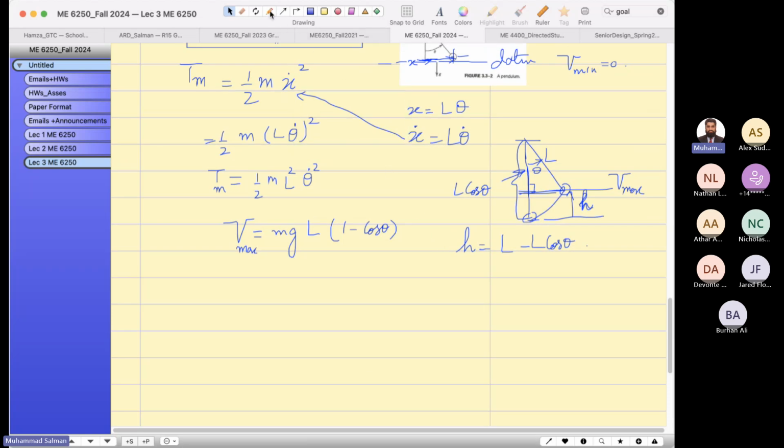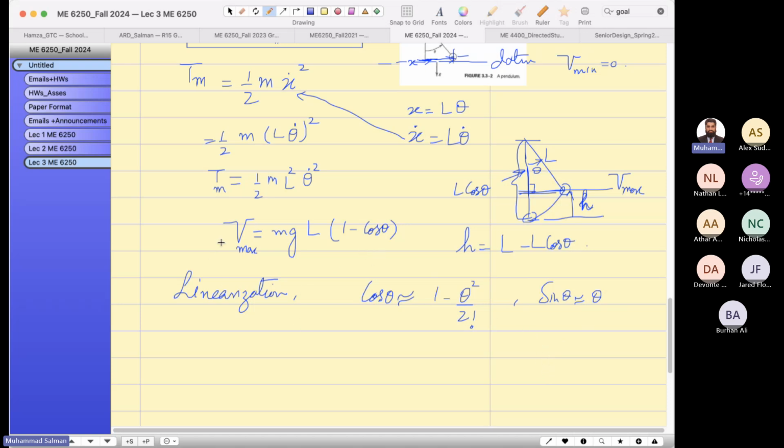Now here comes some linearization that we have to do. For cosine theta, we assume that for small angle it is equal to 1 minus theta squared over 2 factorial, and sine theta for small angle can be represented by theta.